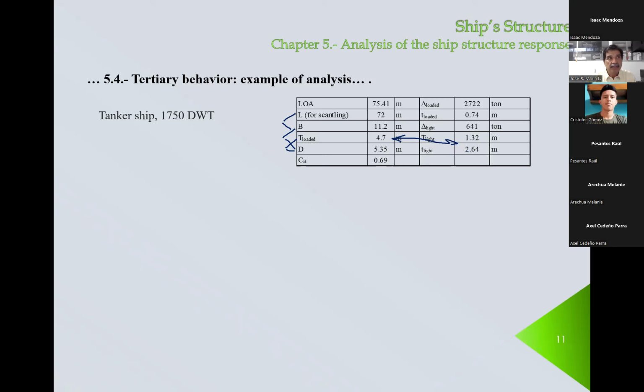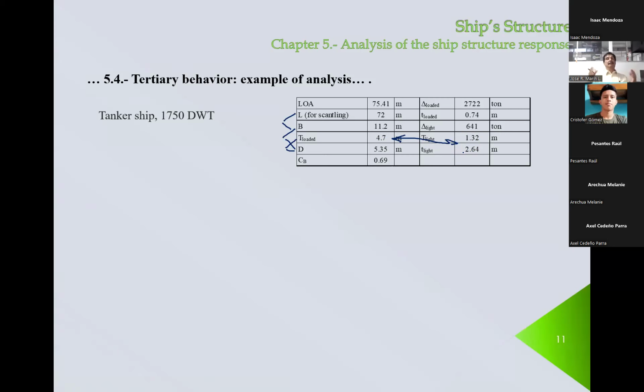So in the light condition, usually in a tanker vessel, basically the forefoot is just touching the water. You even have negative draft on the forward end in the light condition in a tanker ship, because there is no cargo at all.